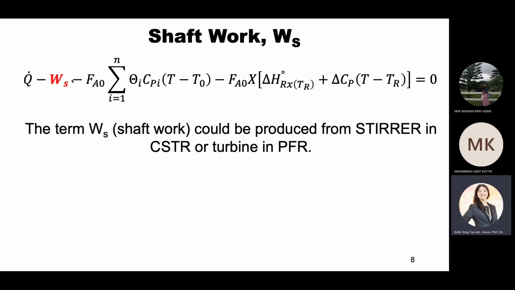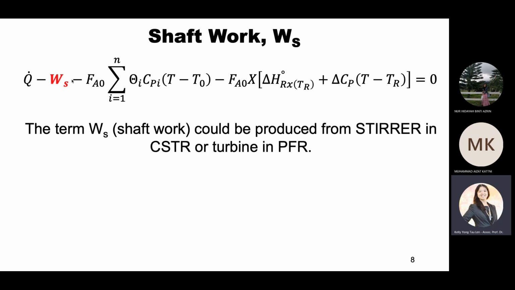Kamu kena ingat, the movement of the stirrer also is considered as work, which also must be considered in the energy balance. So Ws refers to the stirrer for CSTR, and for PFR refers to the turbine. Tapi dalam kes kita fokus CSTR lah.